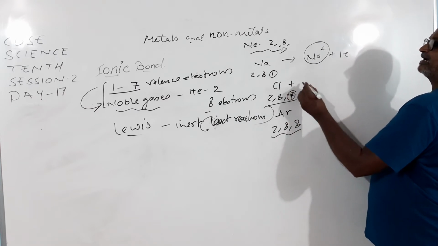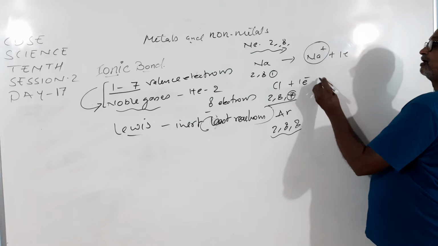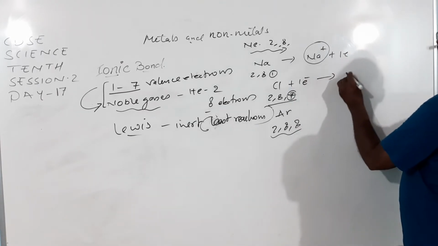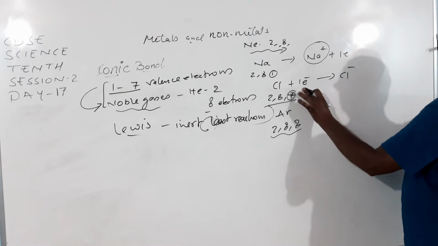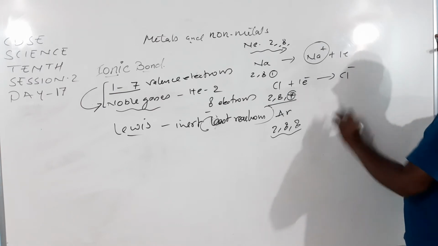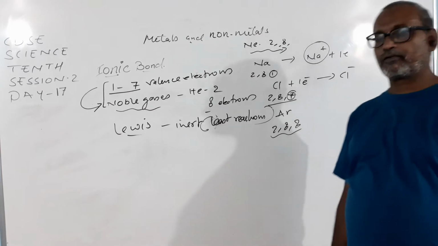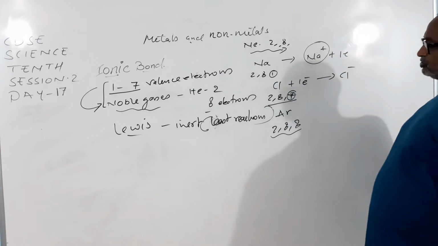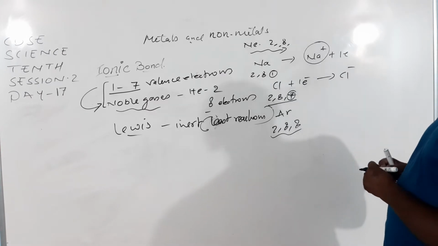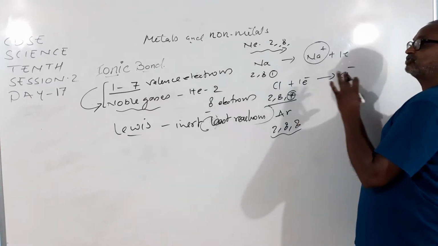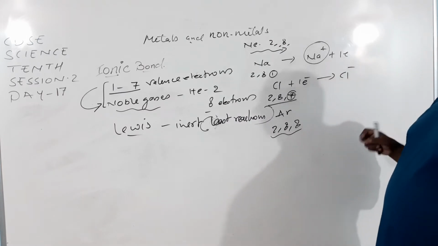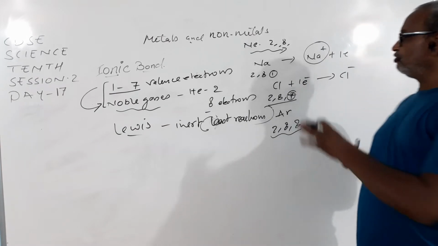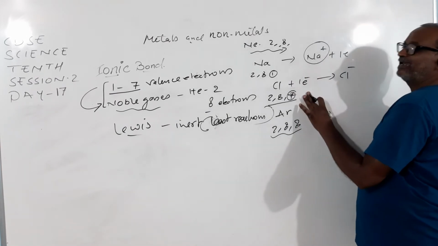So when a chlorine atom acquires stable configuration by gaining 1 electron, it forms a chloride ion. So what you see here is that in order to acquire a stable configuration, atoms have a tendency to lose or to gain electrons.